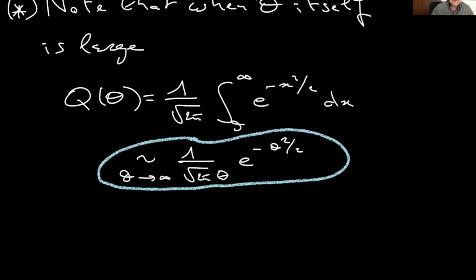So I would like to focus a little bit on the Gaussian tail in order that everybody knows exactly what we are talking about when we talk about the size of the Gaussian tail.